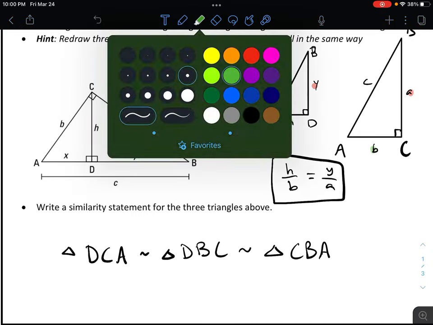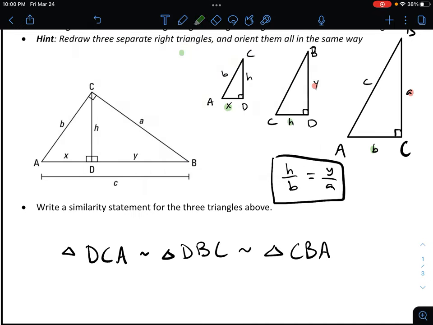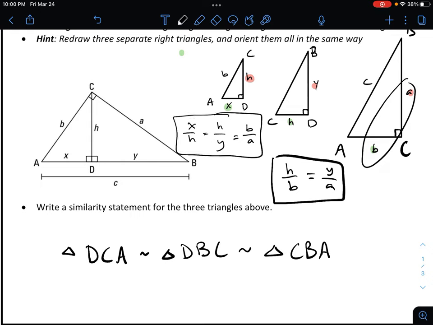That's true. But what I was focused on is if I look at all three of these sides, I could compare X over H, which is this comparison. That would equal H over Y, which is this comparison. And that would equal B over A, which is that comparison. So this would work.